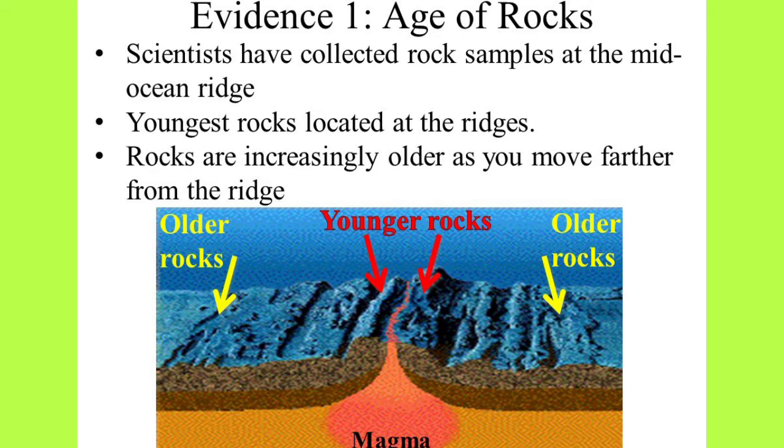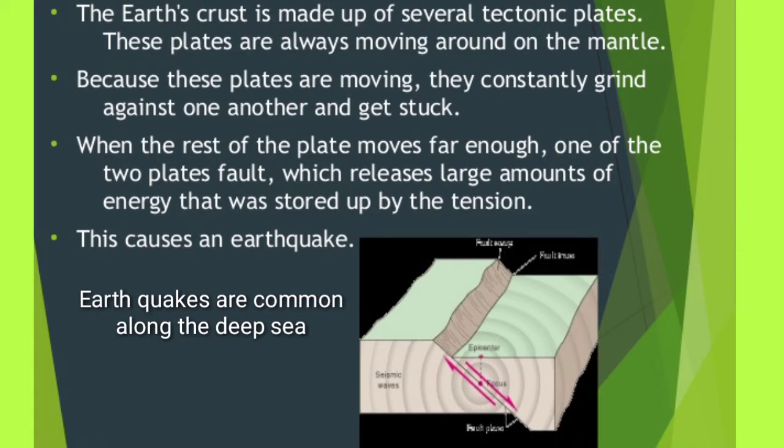Rocks closer to the mid-oceanic ridges are young and have normal polarity. The age of rocks increases as the distance from the mid-oceanic ridge increases.